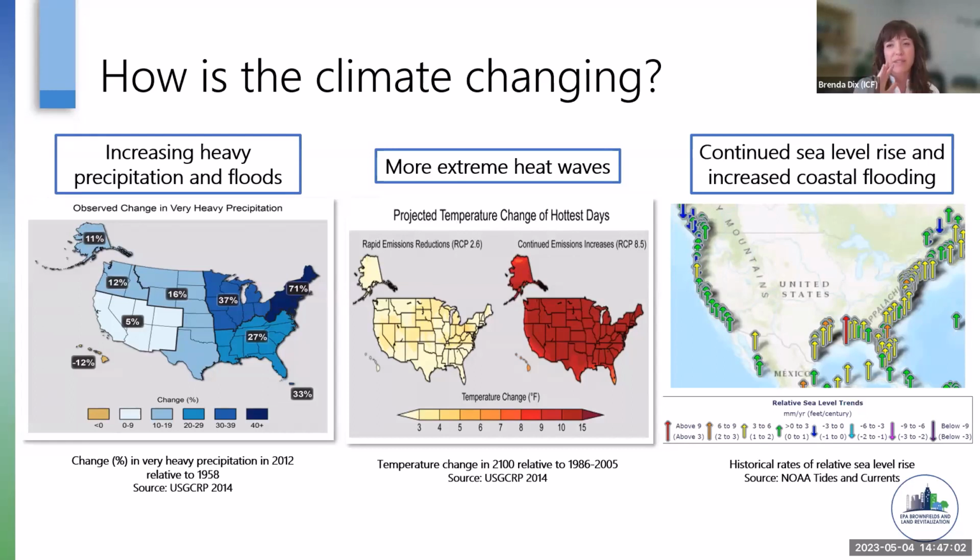And the reason why it's different, there's subsidence in those areas as well. The land is sinking while the seas are rising. And so you kind of get that double whammy there. And those trends are also expected to increase over time. So you'll see faster rates of sea level rise moving into the future, which obviously means when you get a coastal storm, you're going to get a lot more flooding coming in. Next slide.